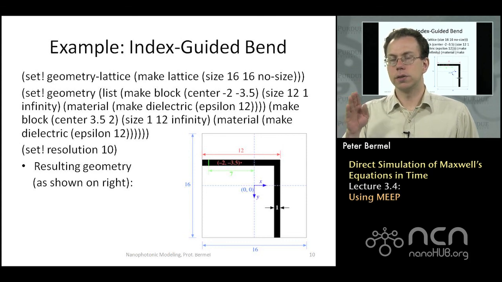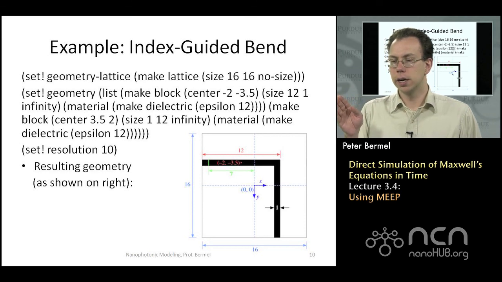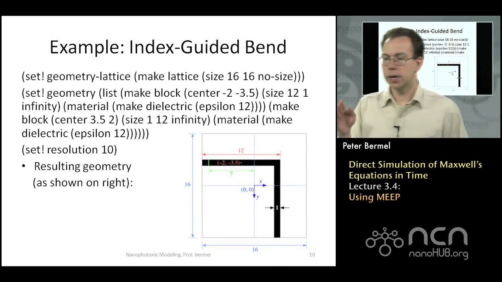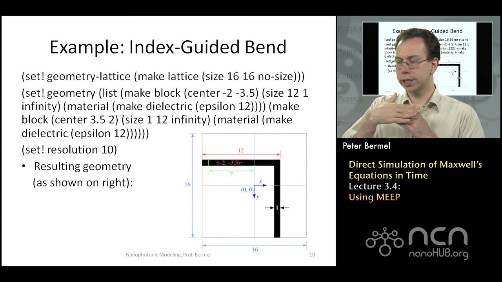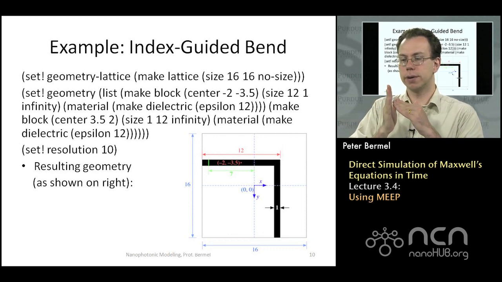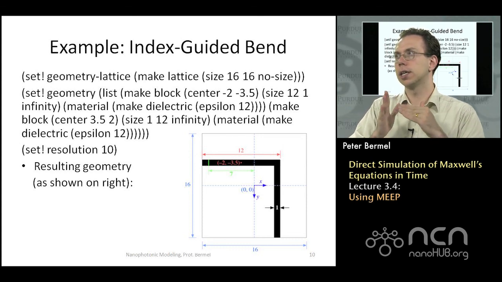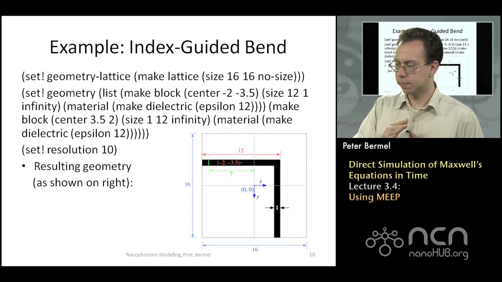And that's because you break the condition for total internal reflection, which is that the angle at which the light would hit the edge of the high index waveguide would be greater than some sort of critical angle, okay? But if you are creating a very sharp turn, then you're hitting it almost normal to that interface, and so you tend to escape very easily.